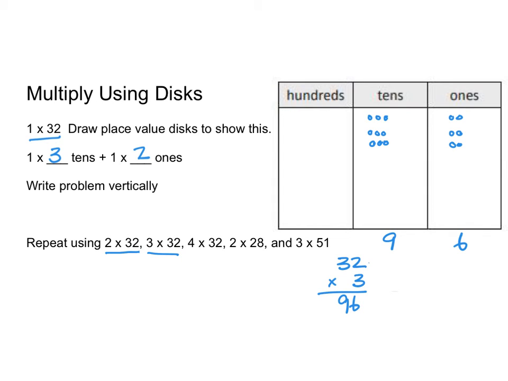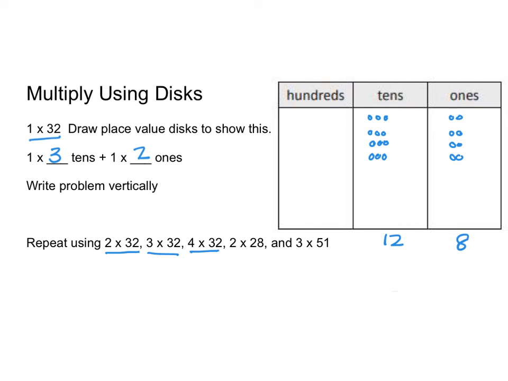Alrighty, and we're going to do one last one using 32, and then we'll switch to something different. So we're going to have 4 times 32. We've got 3 times 32. Let's add one more set of 32. And now we have 4 times 32. Well, how many ones do we have? 2, 4, 6, 8. How many tens? 3, 6, 9, 12 tens.